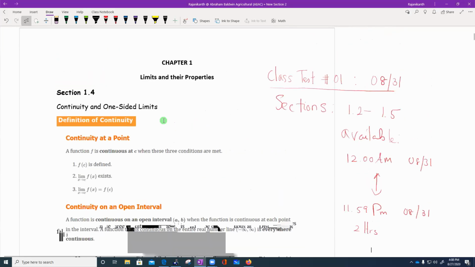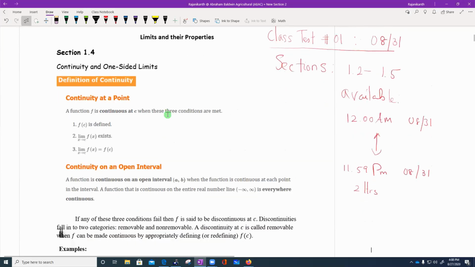So 1.4 is about the continuity of the given function's graph. The given function f is continuous at a particular point C if it satisfies these three conditions, okay? First of all, the function should be defined at that point C, and the limit of that function as x approaches C should exist, and also the limit value of the function should be equal to the function value at that point.